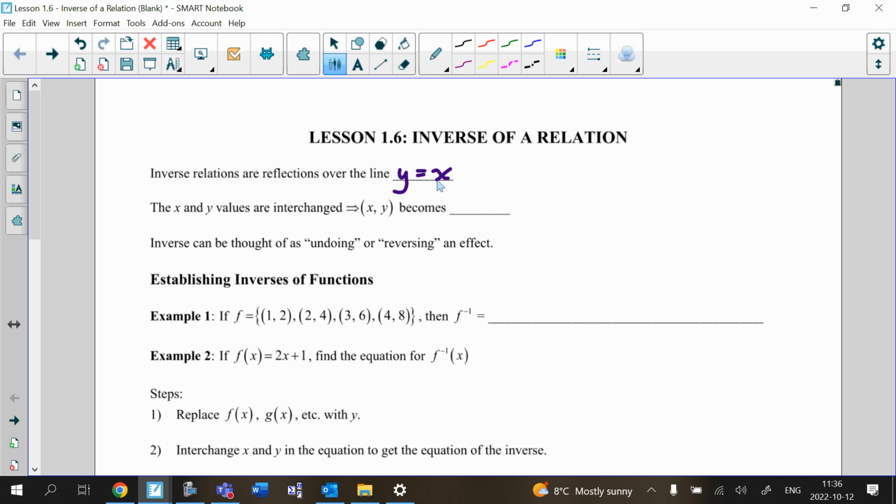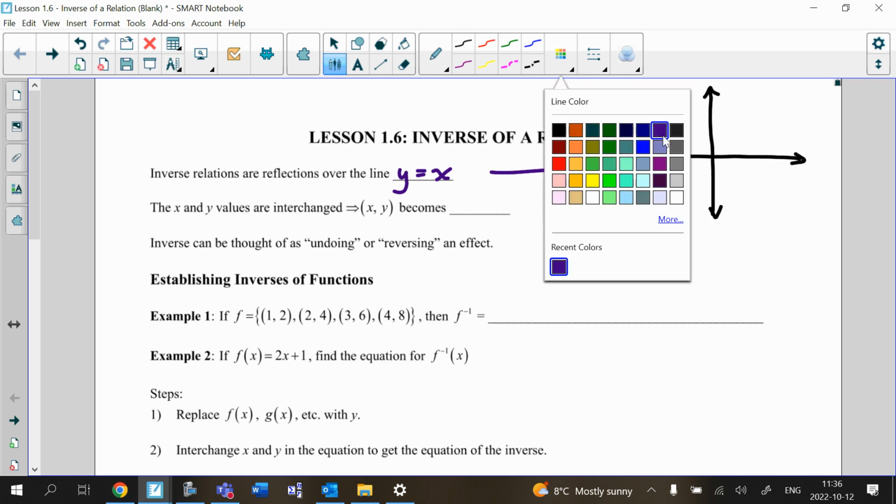And the line y equals x, well, that's a line that you learned way back, probably in middle school, if not the latest, grade 9. Y equals x is a straight line that runs diagonally through the origin.